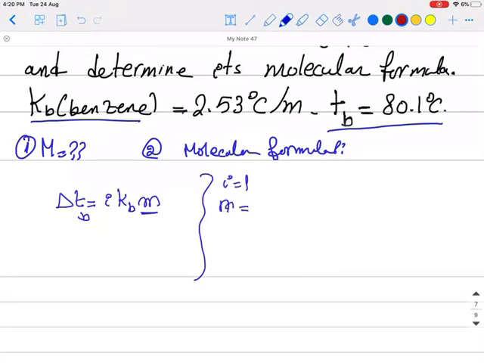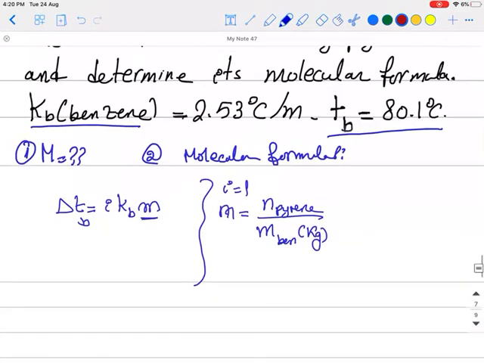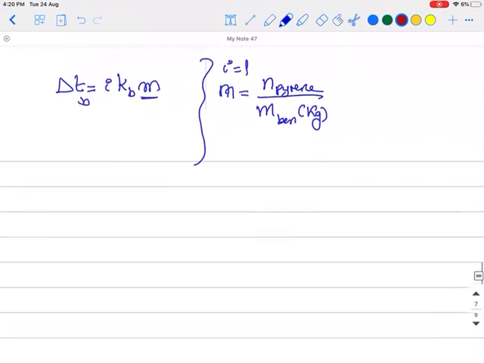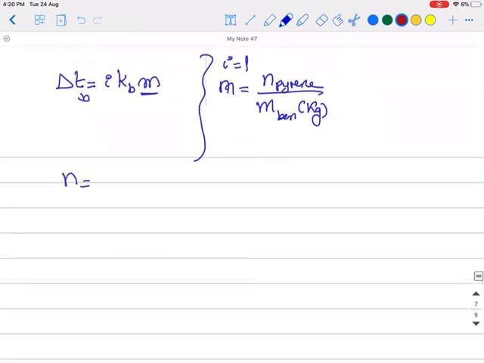Molality, simply it's the number of moles of solute, which is the pyrene, over the mass of solvent, which is the benzene, in kilogram. Let me find the number of moles of pyrene, and its mass was given to me. So n equals mass over molar mass of pyrene.